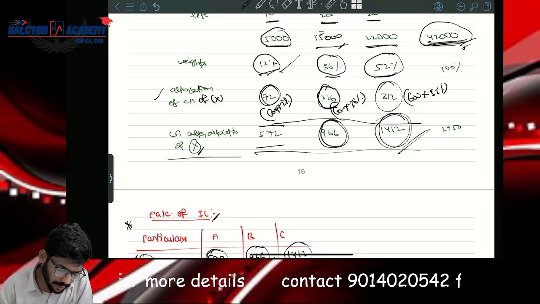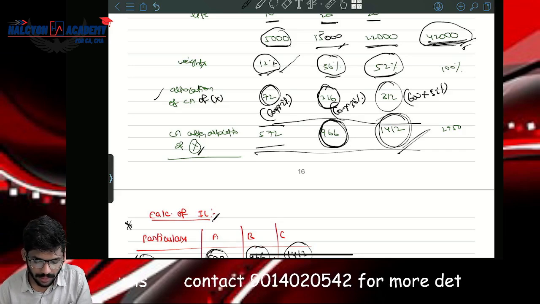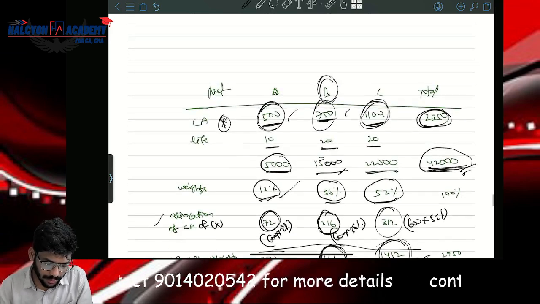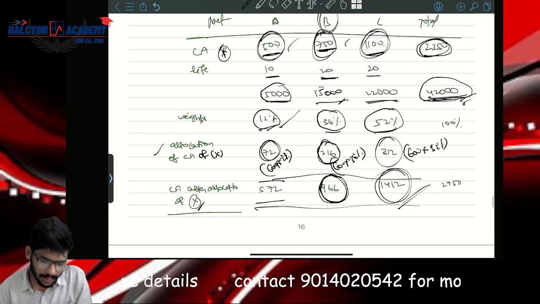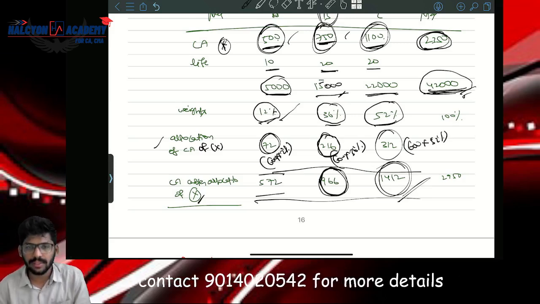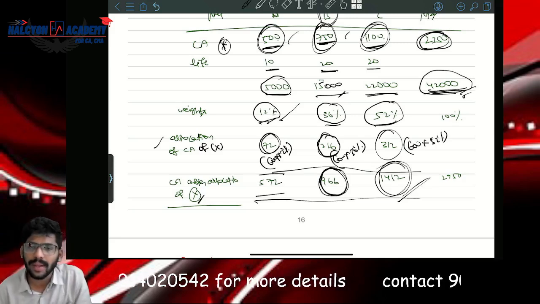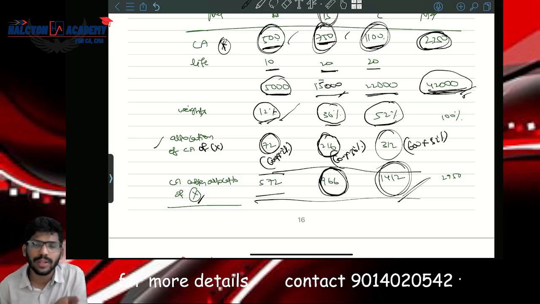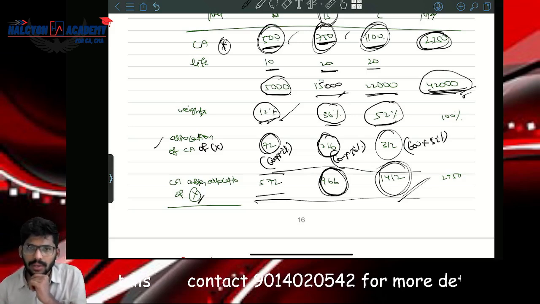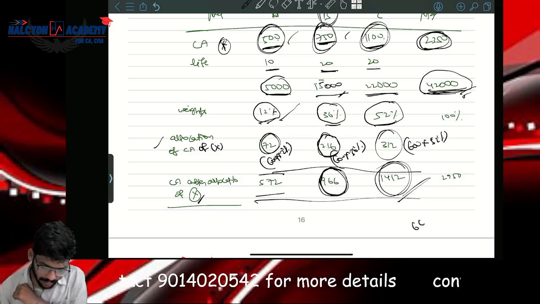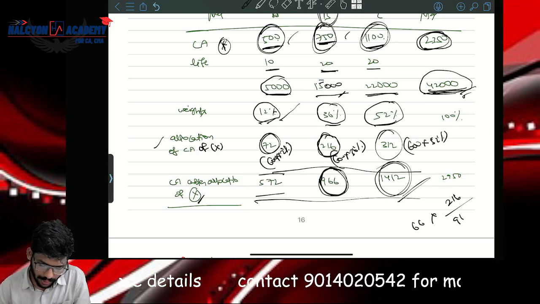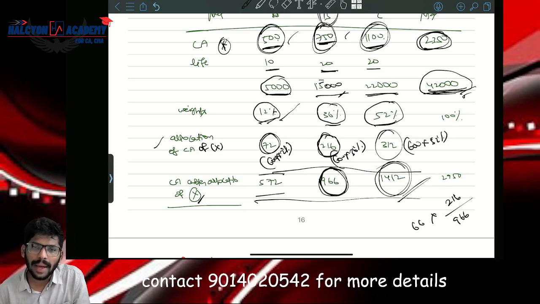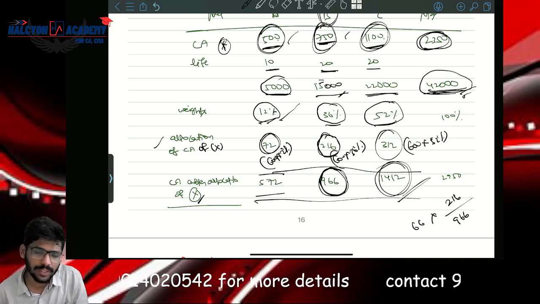The total carrying amount is 966, and 750 is for asset B. Now the percentage is simply 216 by 966, the carrying amount ratio. Total impairment loss is 66, and I have to allocate on the basis of carrying amount, only 216 by 966. The balance will be allocated to other CGUs.